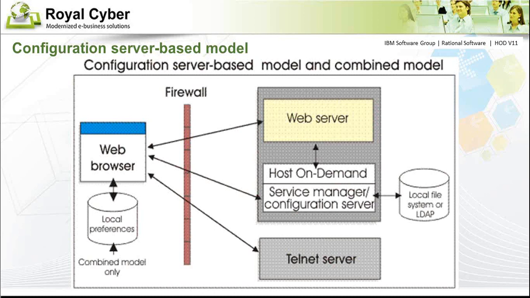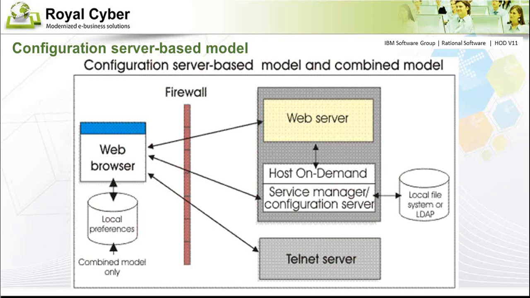The configuration server-based model. In the configuration server-based model, host session information is maintained on the configuration server using the administration client, and the information is defined using a user and group structure. By default, the configuration server stores its data directly on the Host On-Demand server machine, though it can be configured to use LDAP instead.